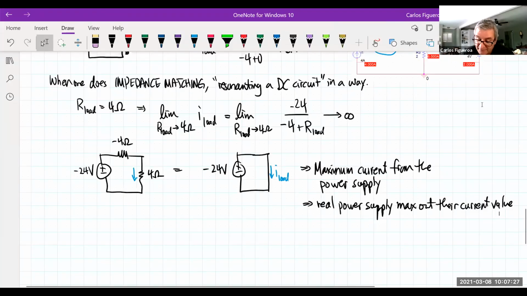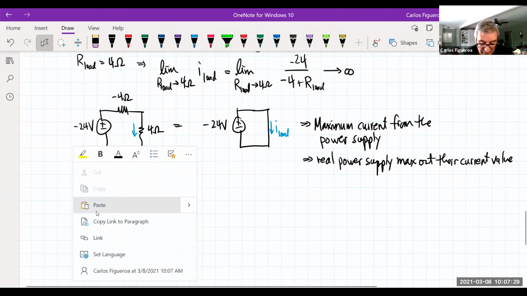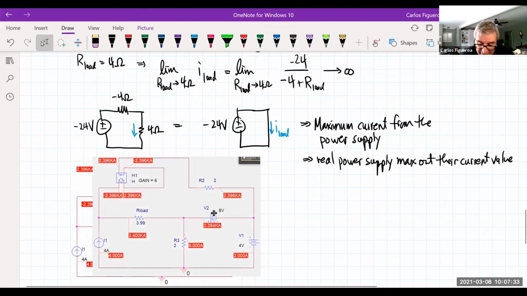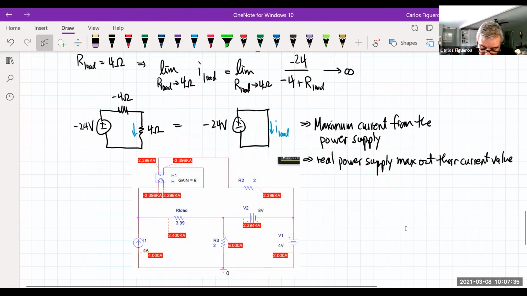That's the effect. And if I paste this in, you could see here that at 3.99 ohms, I get this massive 2,400 amps across that 4 ohm resistor, or 3.99 ohm resistor, which is pretty phenomenal.